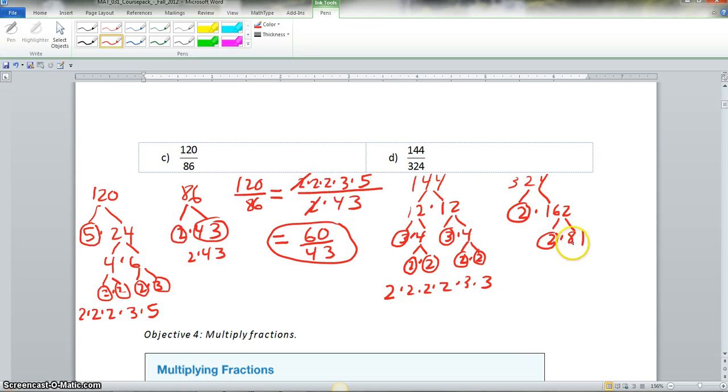So this 2 is prime. 81 breaks down to 9 times 9. And these 9's break up to 3 times 3. And 3 times 3. So now we have 2 2's and 4 3's.